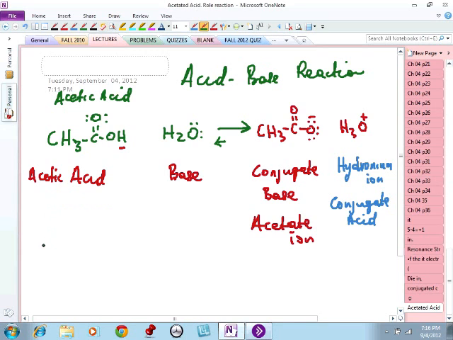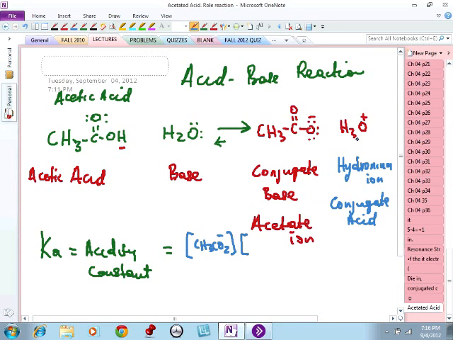In this case, the acidity constant, Ka, for acetic acid would be the concentration of the conjugate base of acetic acid and the concentration of the hydronium ion, divided by the concentration of the initial acid itself and the concentration of the initial base.